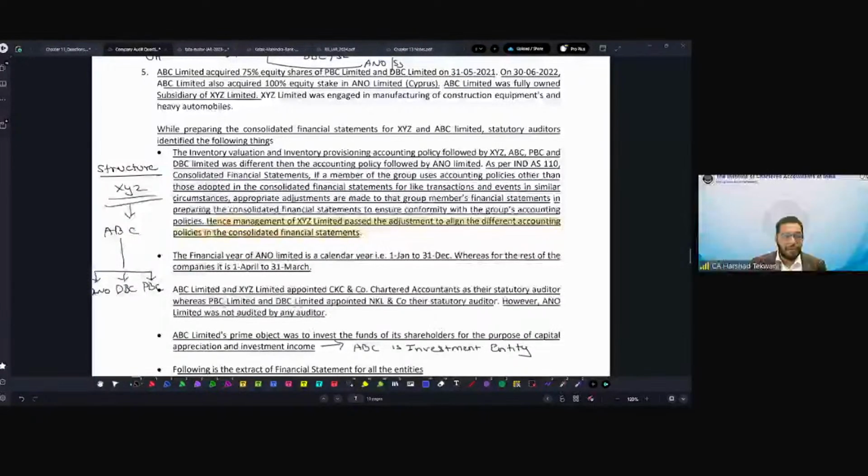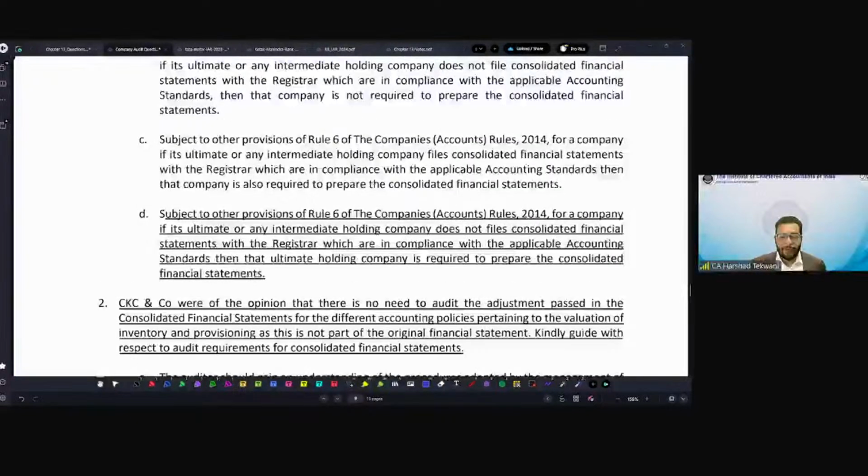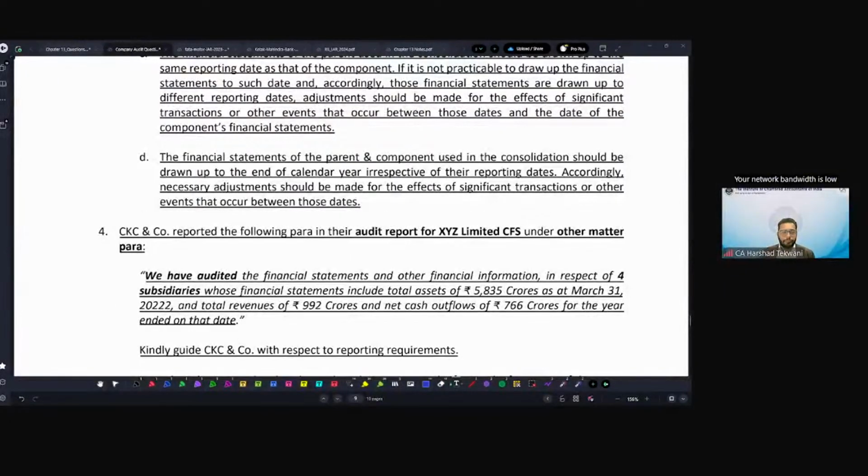No. Consolidated financial statement, as this is not part of the. So tell me quickly, what is the requirement with respect to adjustments that are passed?